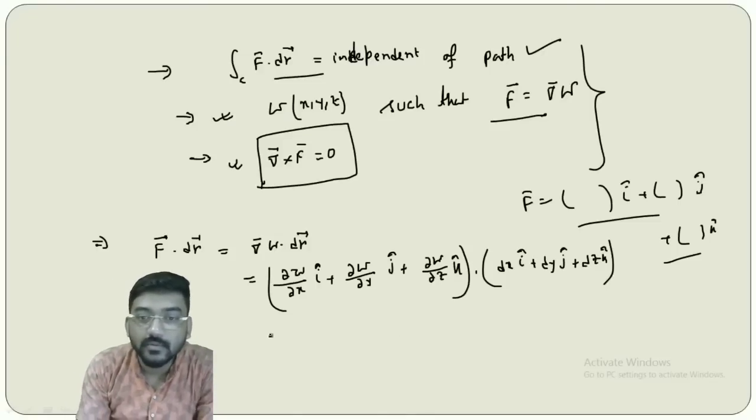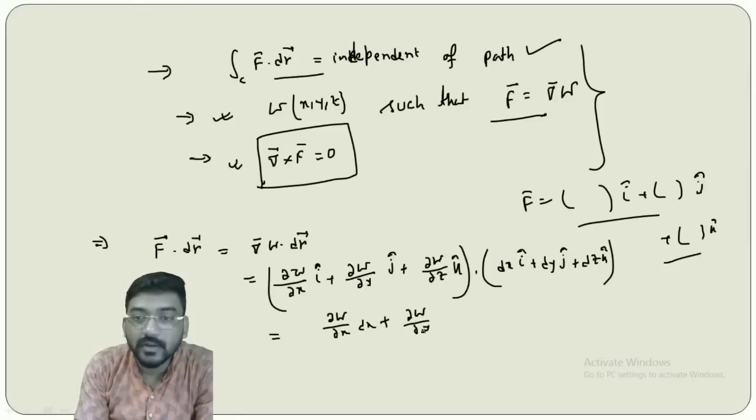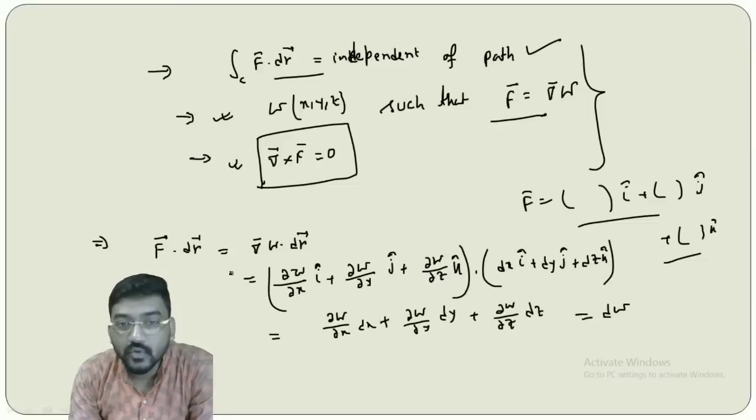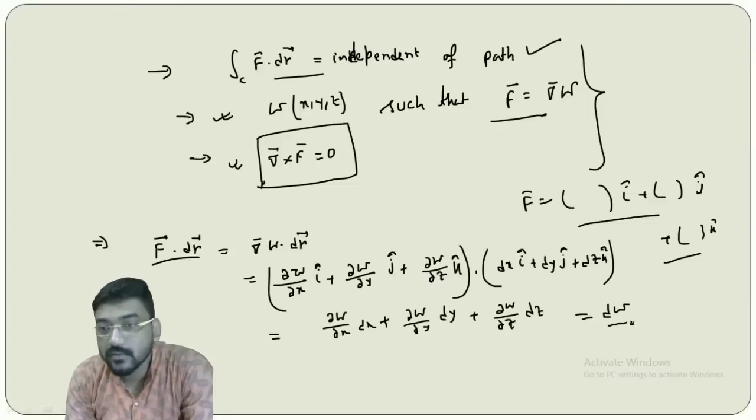So it will be nothing but del w by del x dx plus del w by del y dy plus del w by del z dz, and this is nothing but the total differential dw. So f dot dr is nothing but dw.